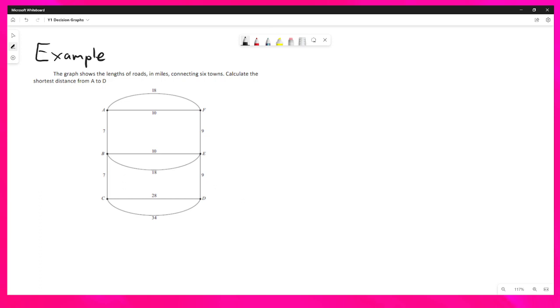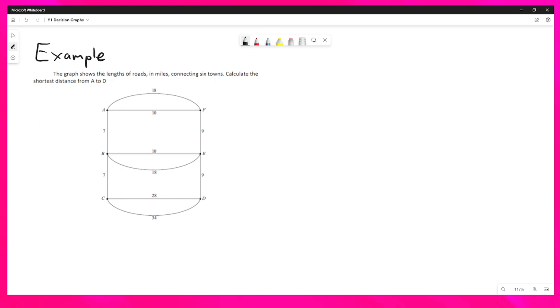This is a really, really useful tool to use for deliveries, for logistics companies and things like that. So you have to get very good at spotting potential shortest routes. And you'll see this in future videos with looking at graphs that have algorithms associated with them.